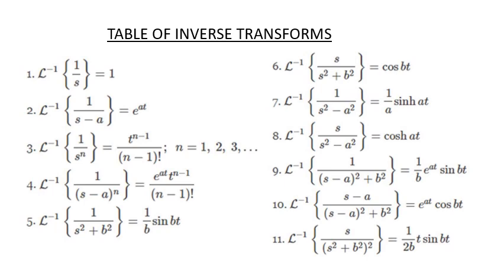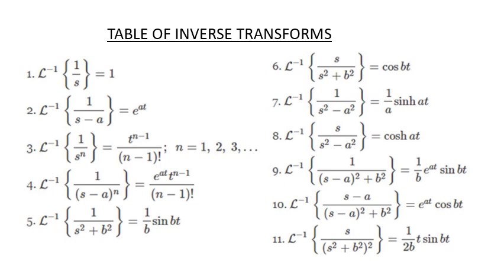Ninth one, inverse of 1 by s minus a the whole square plus b square. Now you can see that it is the same as the sine formula, that is sine bt by b, and there we apply the inverse shifting, e raised to at. Then s minus a by s minus a the whole square plus b square. This is of the form s by s square plus b square, that is cos bt.